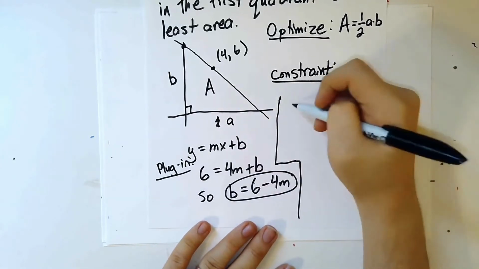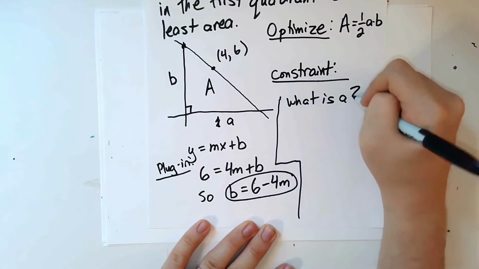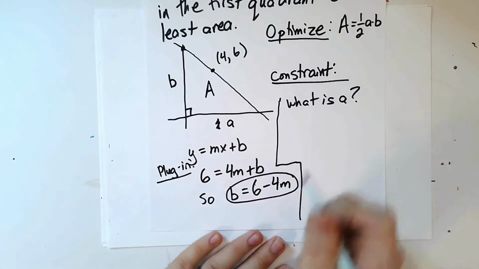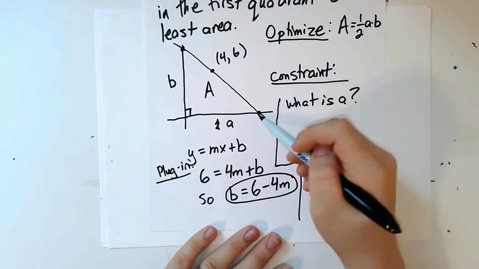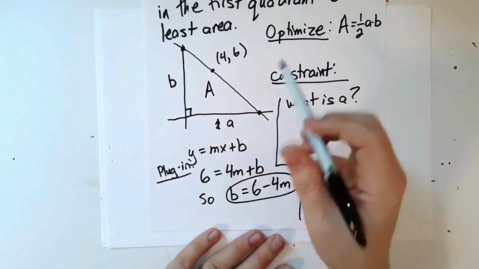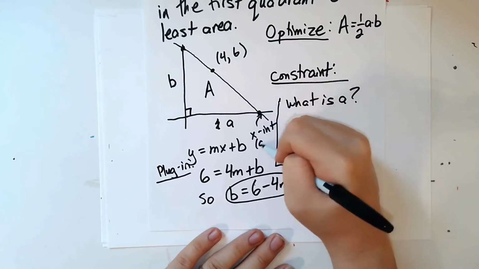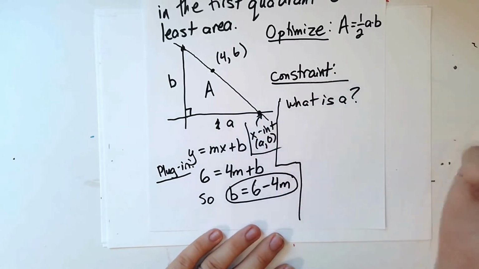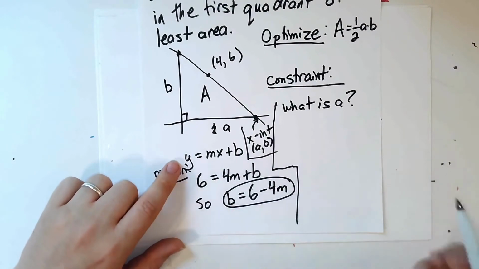Okay, but now we still need to know, what is this little a? Well, this little a happens to be where I get this x-intercept. So the x-intercept is at (a, 0). So I need to set this equation, y equals mx plus b, equal to 0.